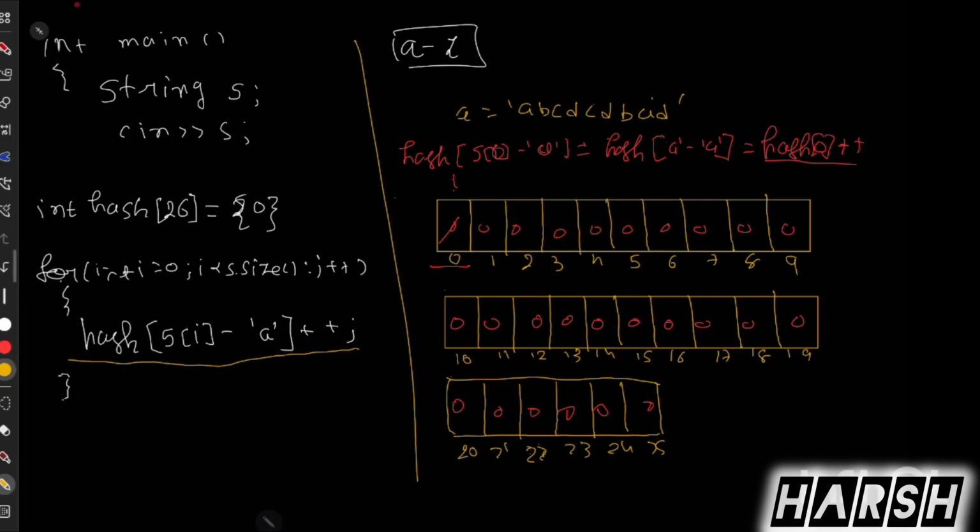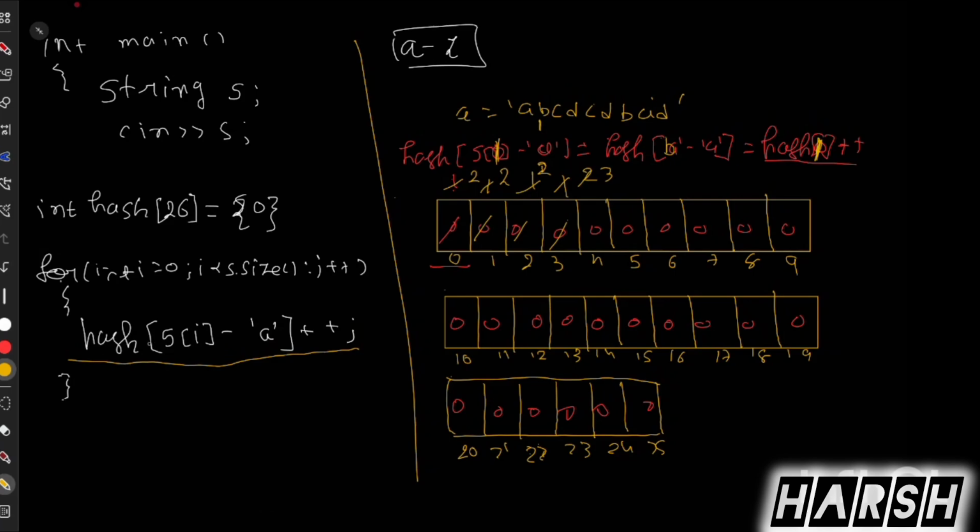The second time my loop iterates for b, meaning hash of s of 1, which is b minus a, means hash of 1 plus plus, so the first index becomes 1. This is how the whole loop iterates, and at the end the values of a, b, c are 2 and the value of d is 3.